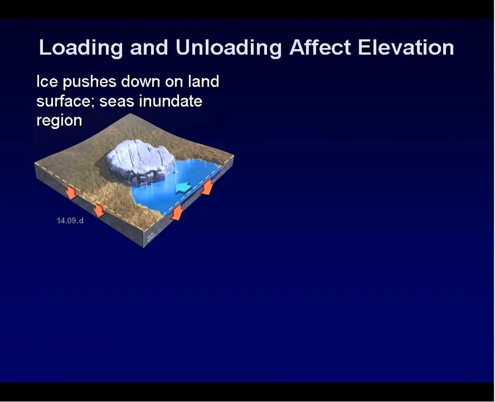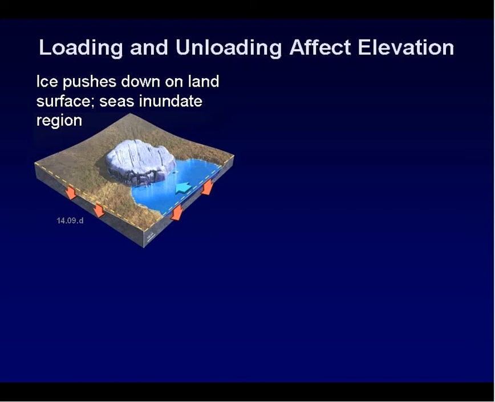Okay, the last slide of this particular section: how loading and unloading affect elevation. We've talked about loading and unloading and how we can load the crust if we have sufficient masses on it, such as putting mountains or something like this onto the crust, or building mountains on the crust. That loads the crust.